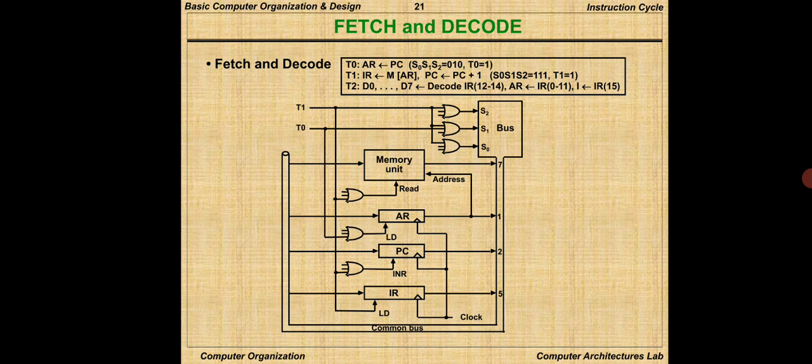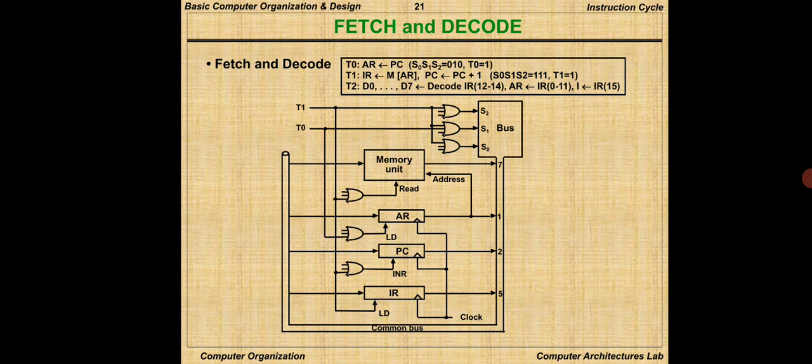Let us come to our fetch and decoding part: how we fetch and how we decode the instruction. If you look at this box, at the T0 time state, I am going to fetch my instruction.